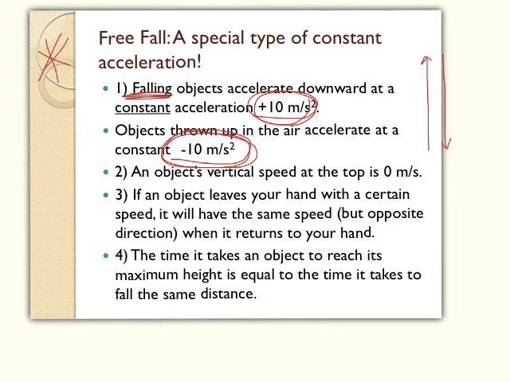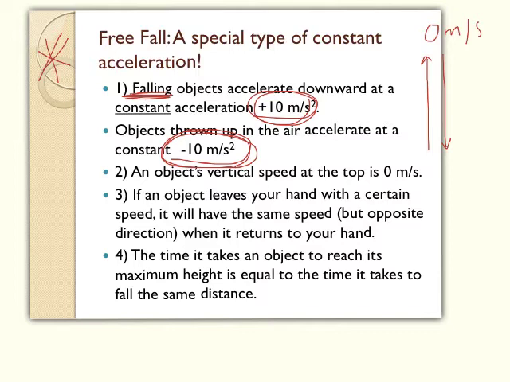So the vertical speed at that very highest point, when the ball reaches the very tip top, right before it starts dropping and speeding up again, its velocity is 0. For many free fall problems, that could be an initial or a final velocity, depending on the problem.